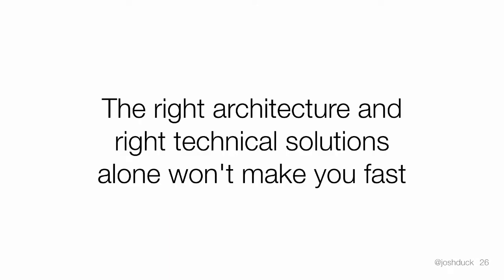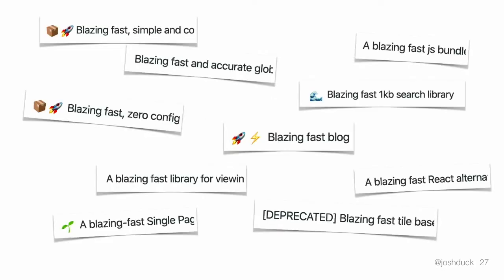And we had done all of that work to get the right architectural pieces in place. That took us a fair amount of time, and it was not wasted effort. But the right architecture or the right technical solutions alone are not going to make your product fast. And that can be a bit hard to hear in an industry where we like to go and find new technical solutions to our problems. It turns out that blazing fast is now what everything is.